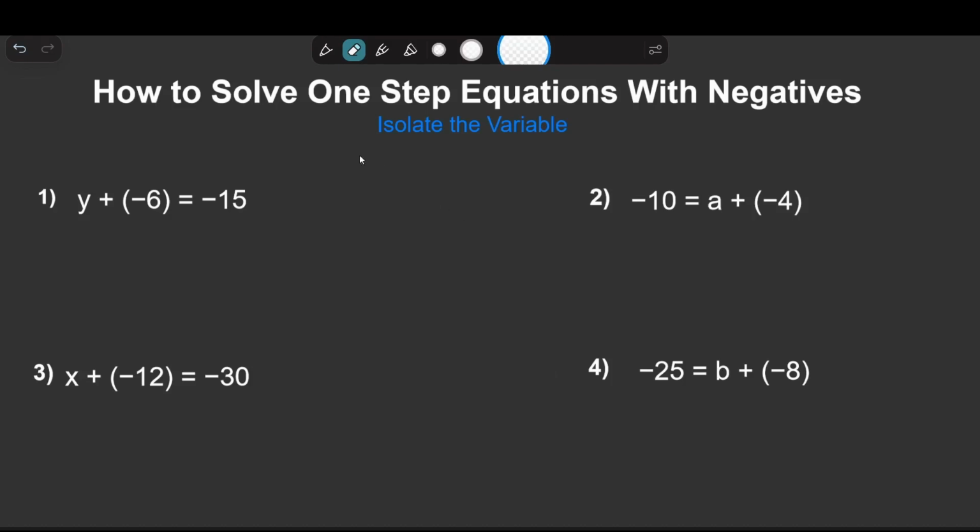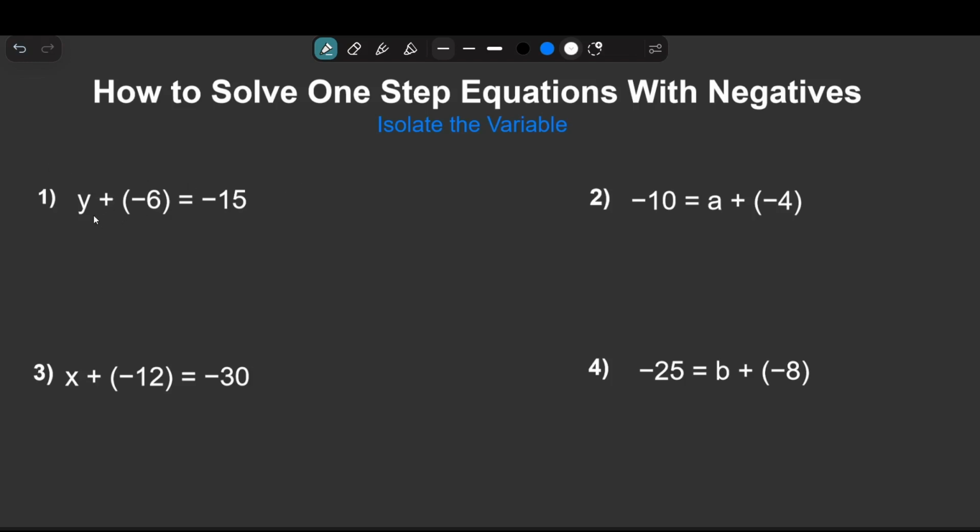Let's jump into number 1, where we have y plus minus 6 in parentheses equals minus 15. Now, we have an addition problem, but we want to isolate the variable. To isolate the variable, again, we have to inverse or opposite the operation we are given. So, we have to turn this addition into a subtraction problem.